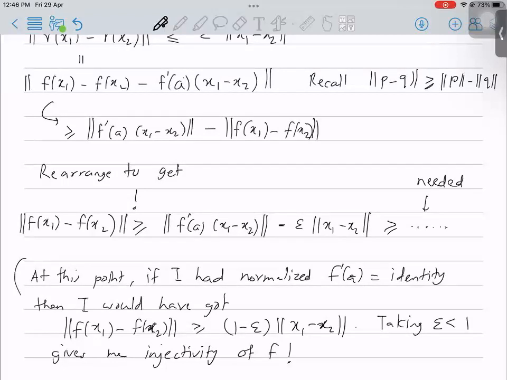If I have an operator T, then T applied to U is less than or equal to the operator norm of T times the norm of that vector U. But the solution that he just proposed is perfectly good. What I need to do is find a lower bound on f prime. And the lower bound of f prime of a is going to be the lower bound on the factor by which f prime of a will change the norm of any vector.